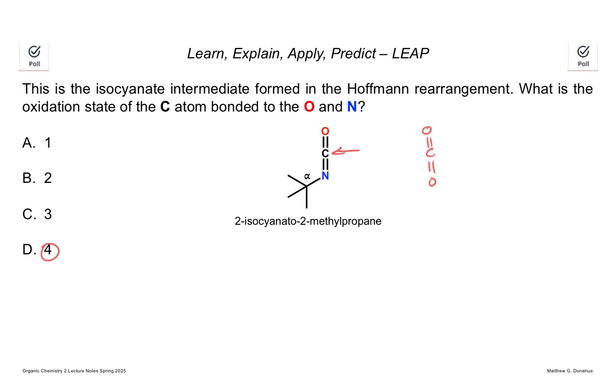That's the highest oxidation state carbon can get. So when you're at oxidation state 4, those make good electrophiles because they want to be reduced. They want to go from 4 to 3, to 2, or 1. So things want to attack them.